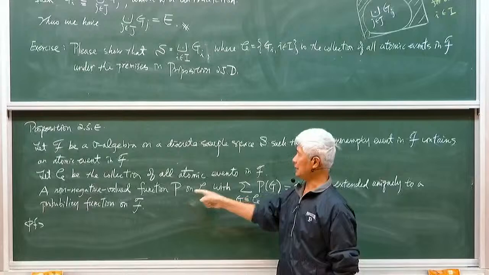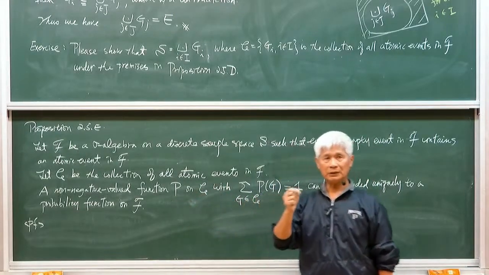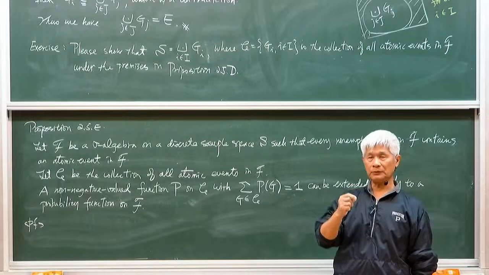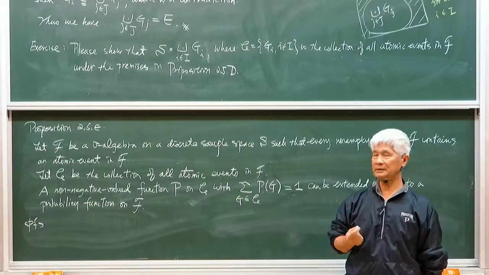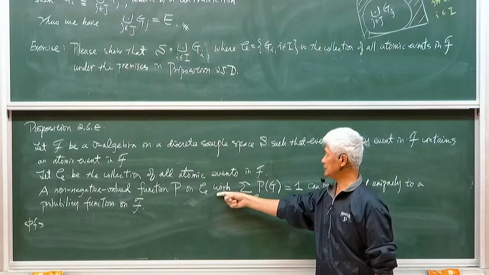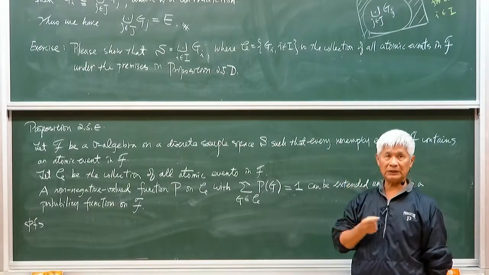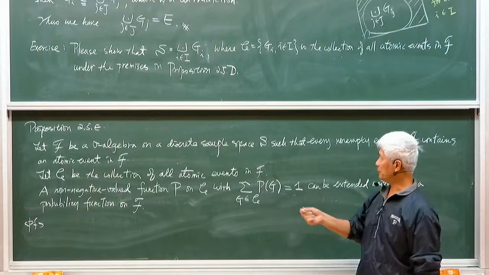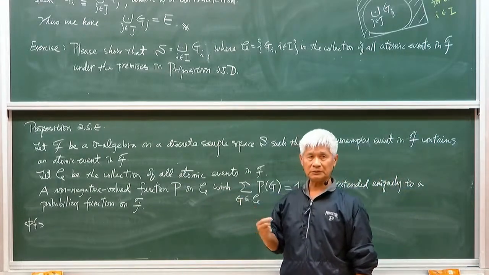So this is the starting point. From this standpoint, we will construct a probability function as an extension of this function, and then we will prove that it is unique. So we will prove the existence and uniqueness of the probability function on F.